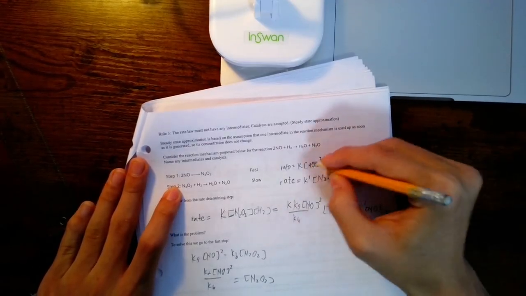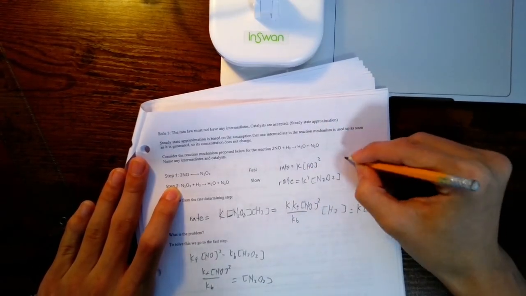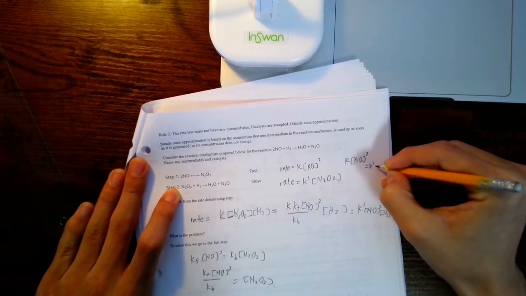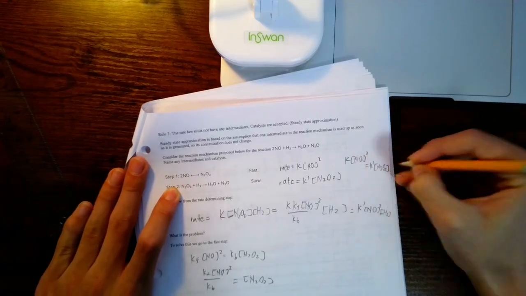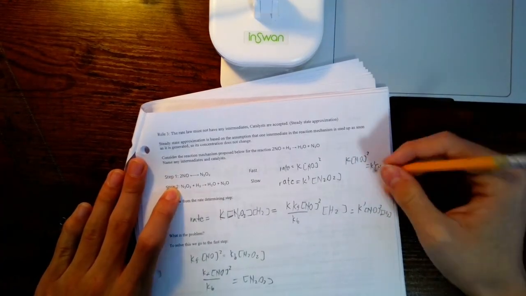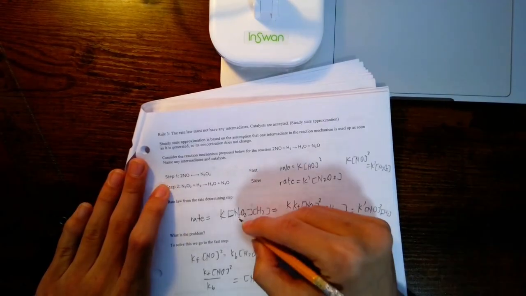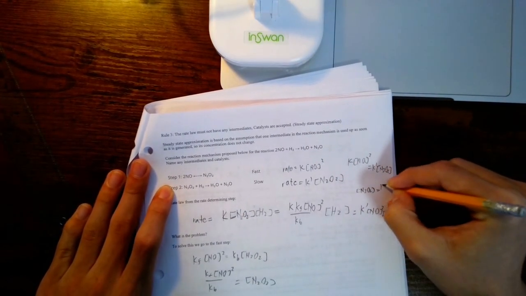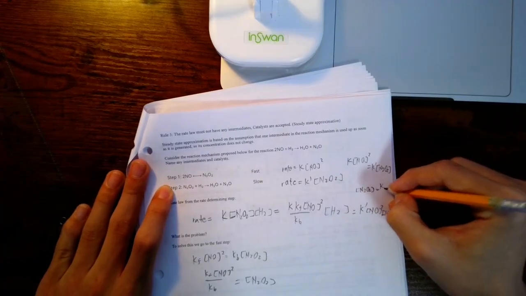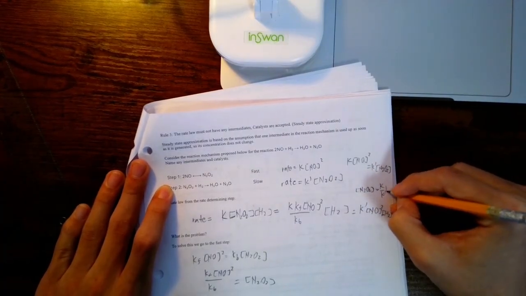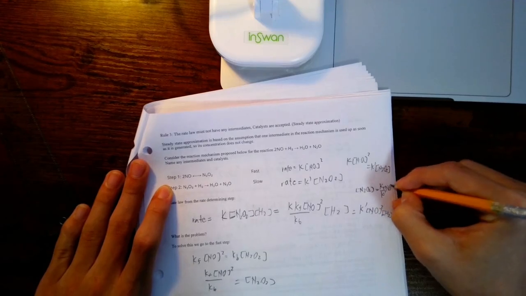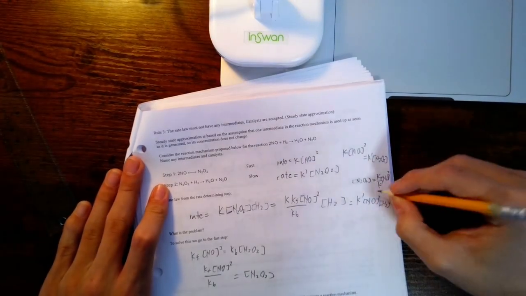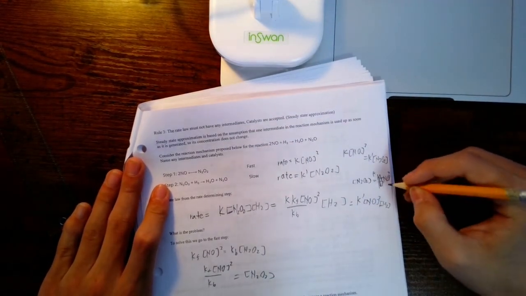We assume those two are equal, so k times NO squared equals k times N2O2. We substitute N2O2 with a new k times NO squared, because this is some kind of constant, so we just replace it as k. It doesn't matter.